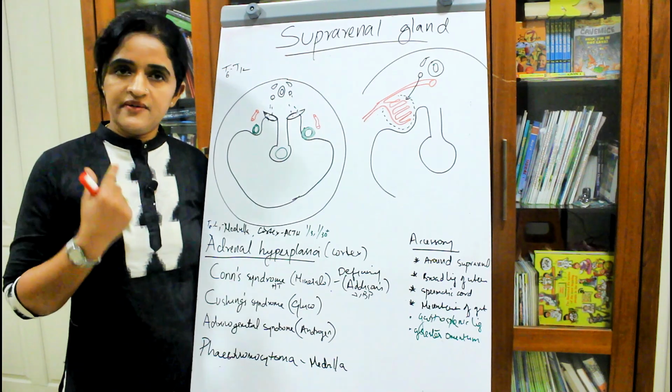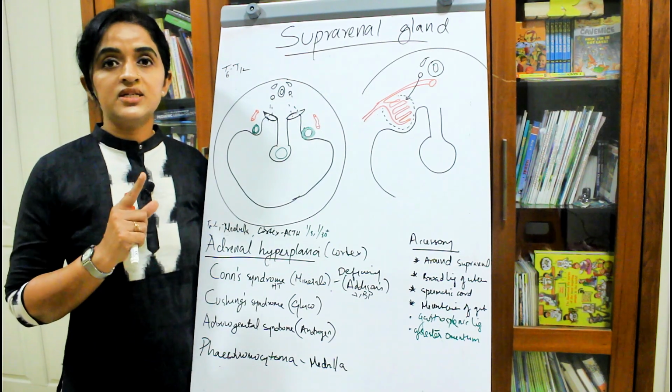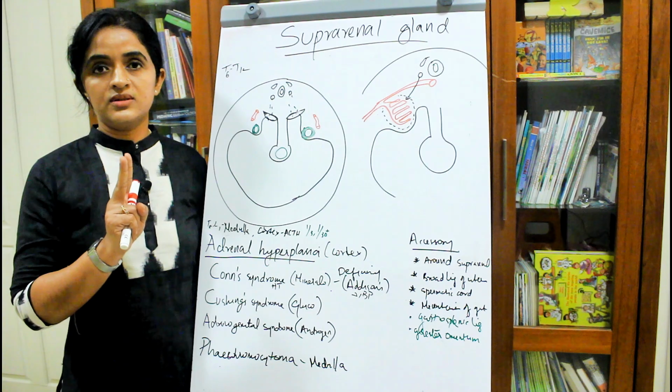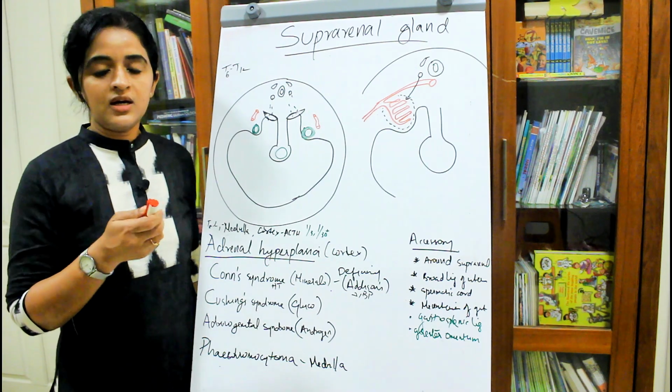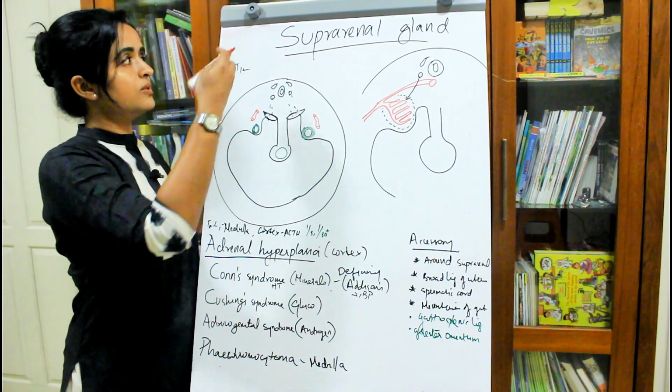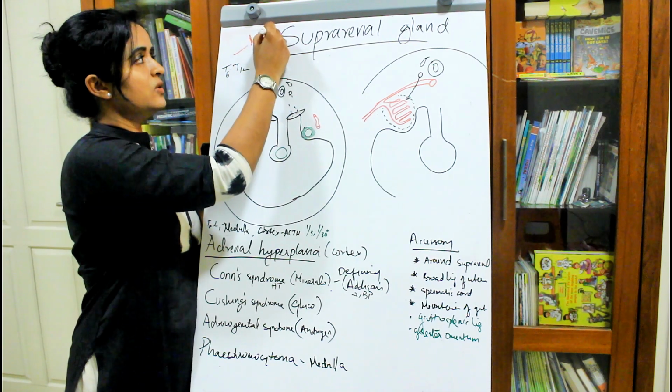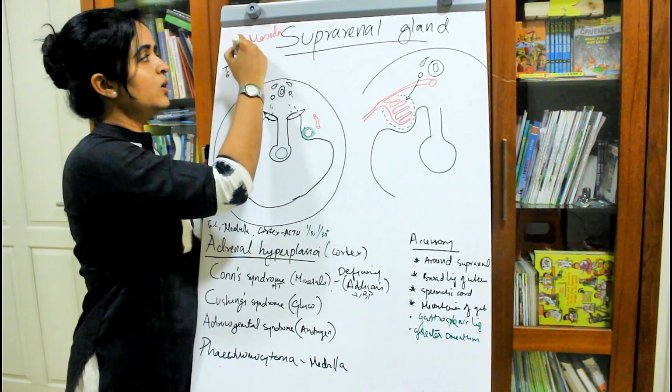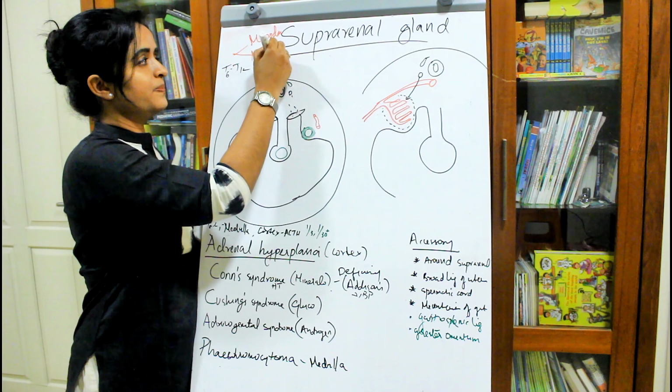Now talking about the development of suprarenal gland, it is derived from two main sources. The first source is mesoderm, and the other one is neurectoderm.